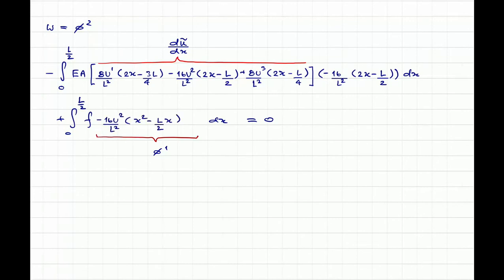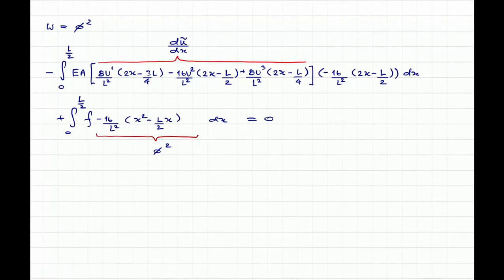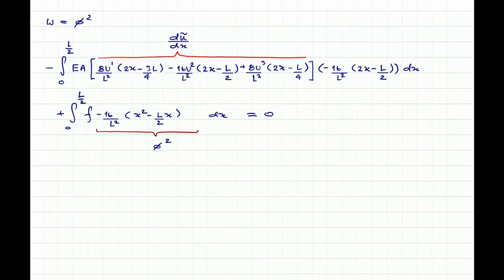Let's just take out the U2. This is not phi 1. This is phi 2. And this is d phi 2 dx.